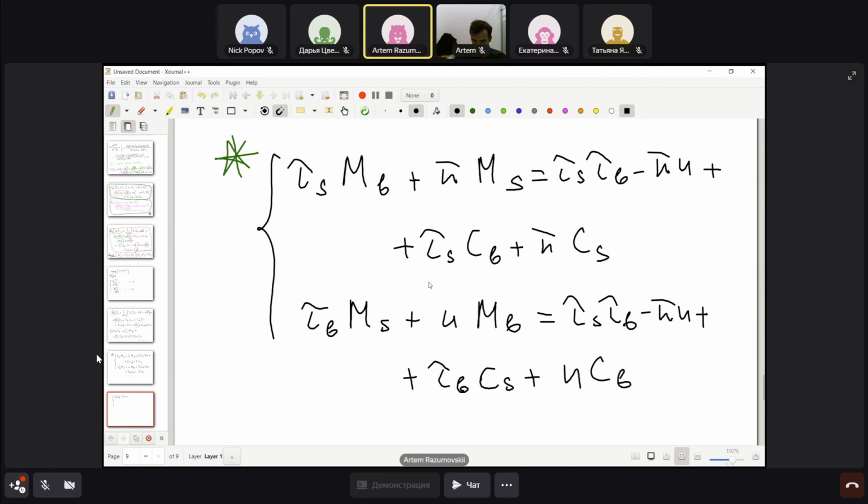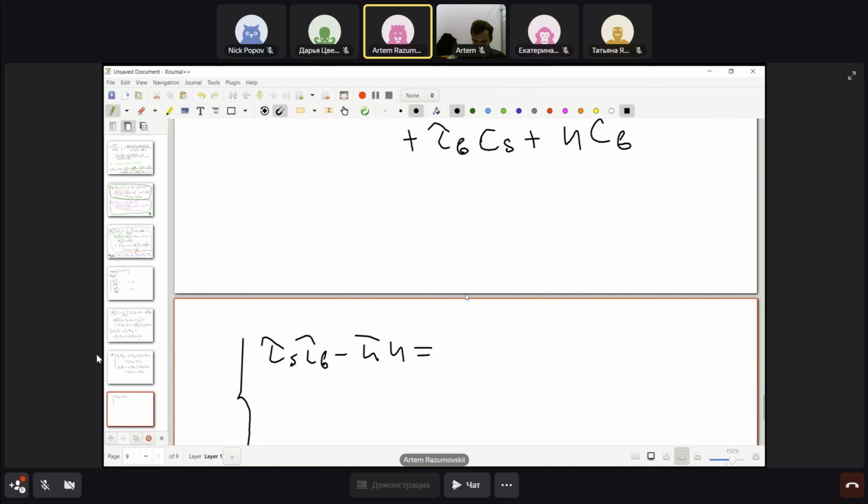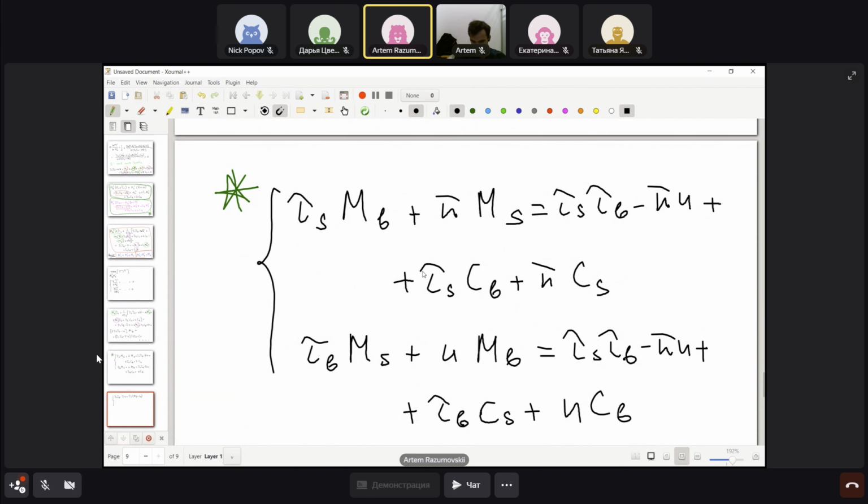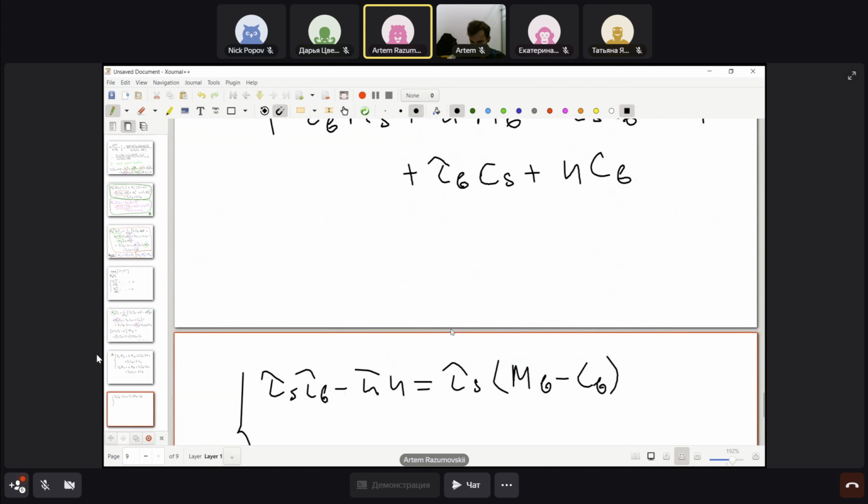We will have tau s, cost for buyers minus, so tau s minus c buyers, right? If you put it on the other side, then we have the same for sellers with p.